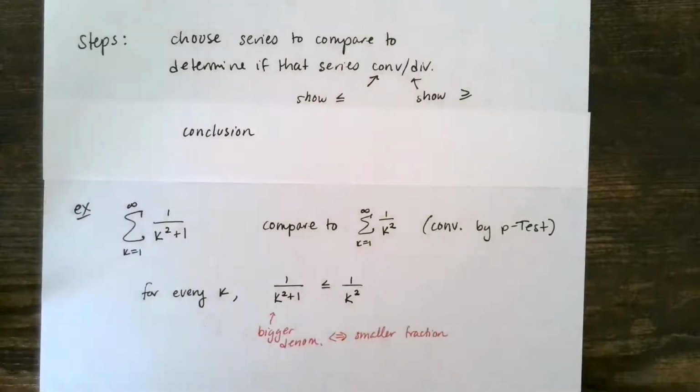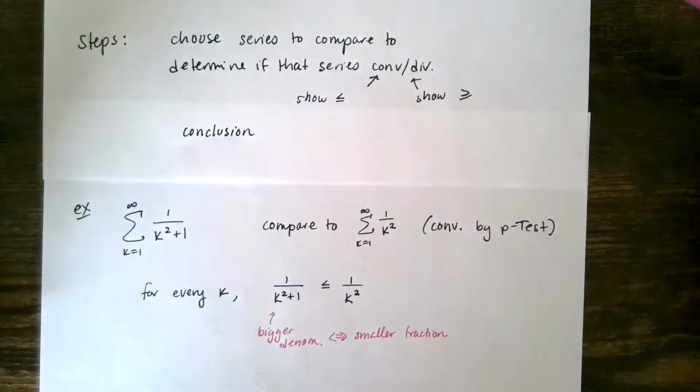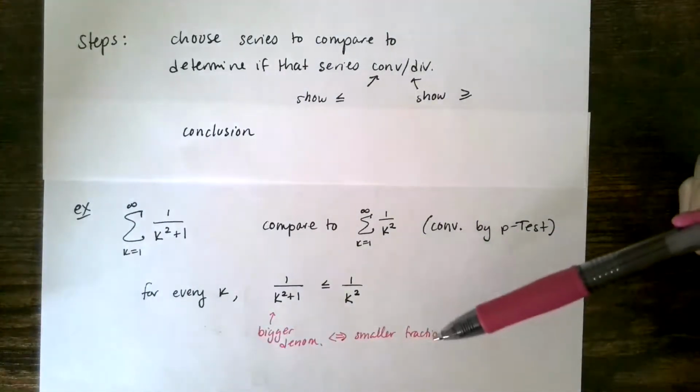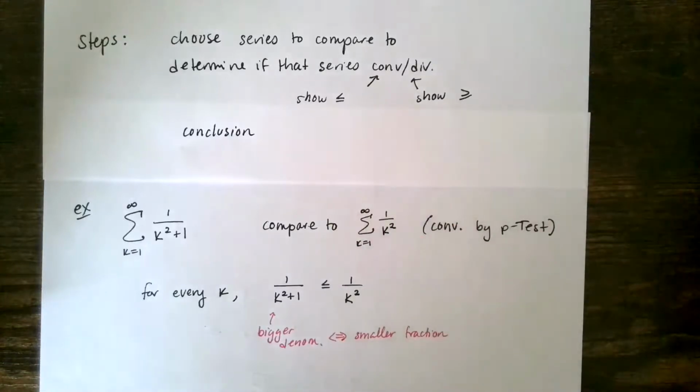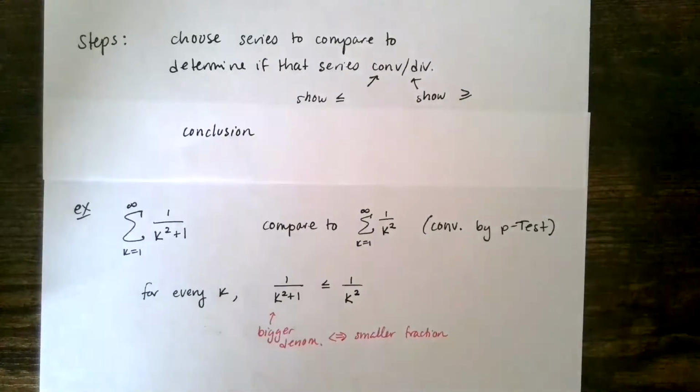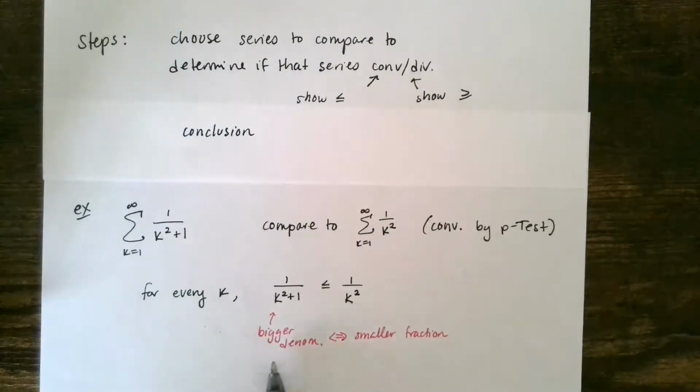Bigger denominator is a smaller fraction. So anytime you add a little bit on the bottom, you've made your fraction smaller. So this statement really is true in a single step. On the flip side, when you need it, a smaller denominator would give you a larger fraction for the same reason. All right, so for every k, this is less than that, and this series is convergent.